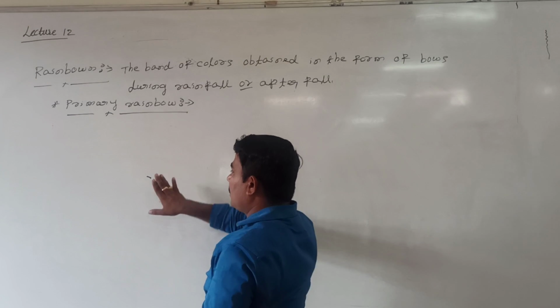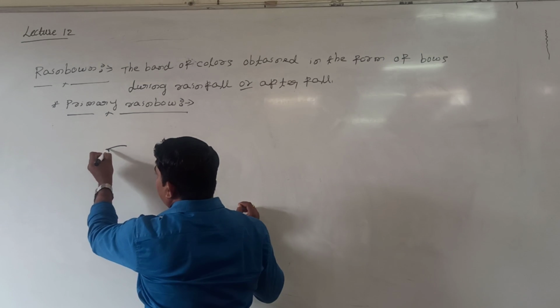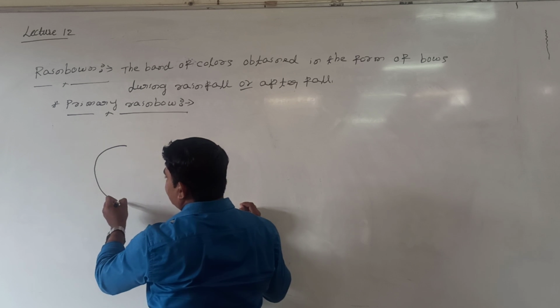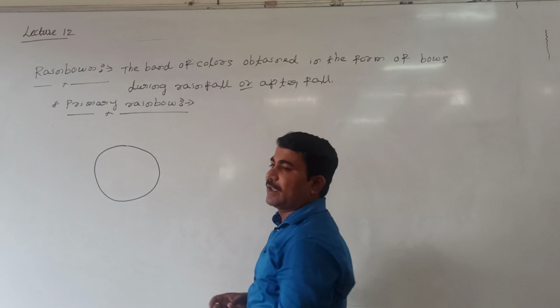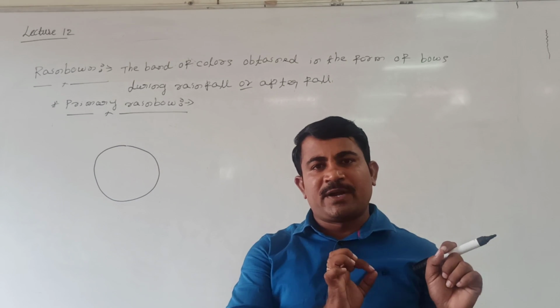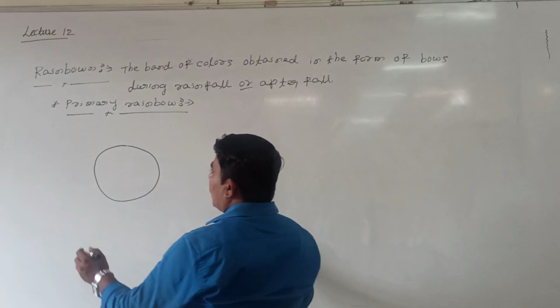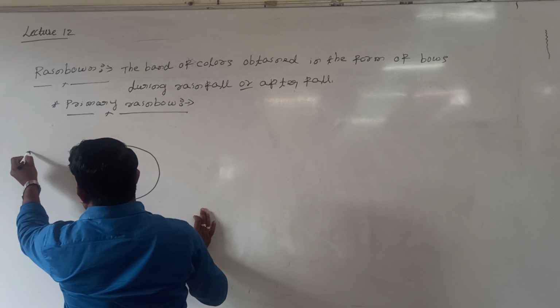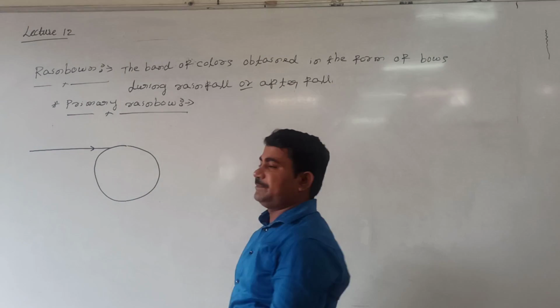Consider in the sky any one water droplet available. Now the white light is incident on the water droplet from the top of the water droplet. I can take this as one ray of light or a narrow beam of light incident on the water droplet.